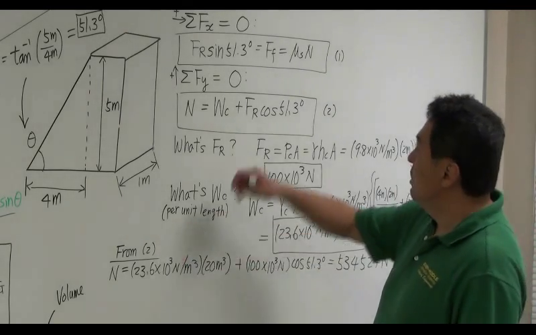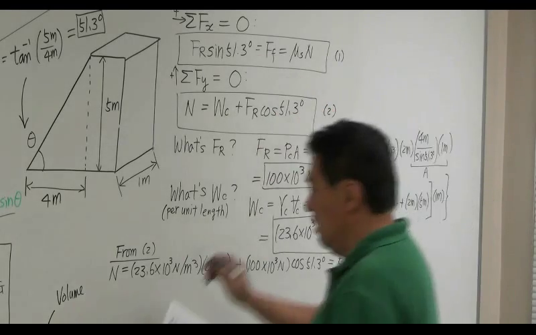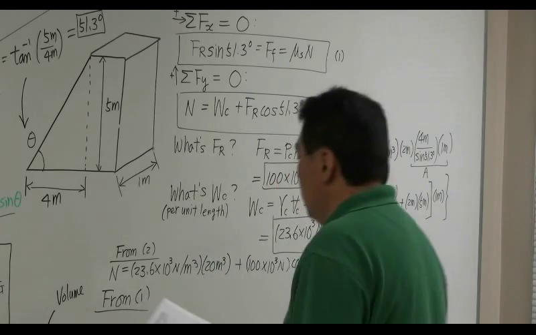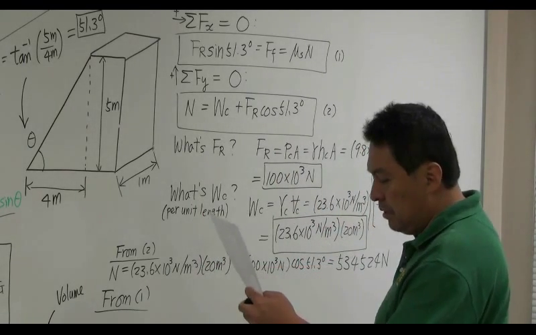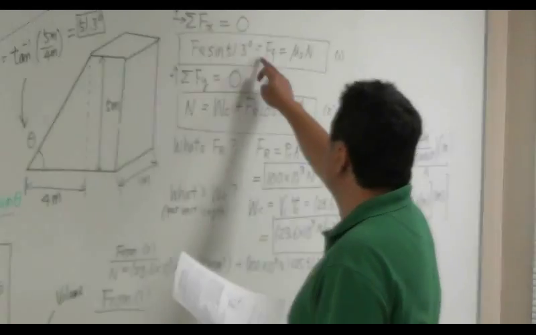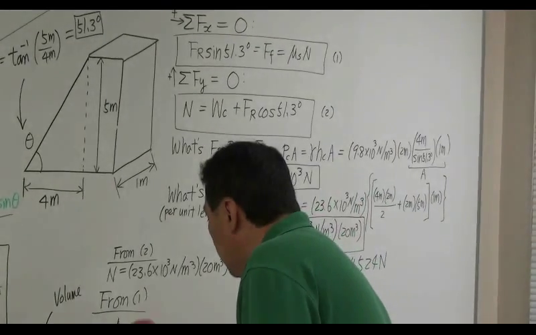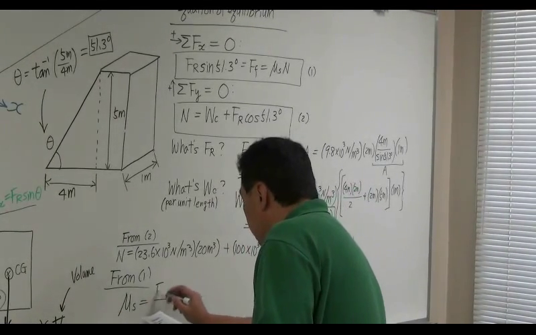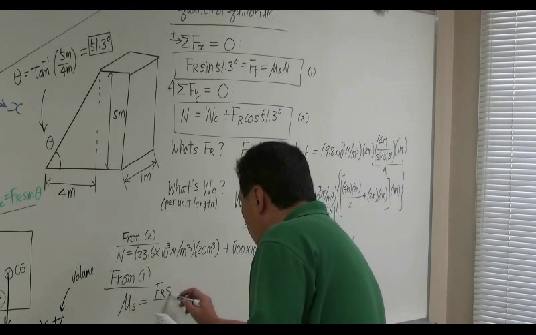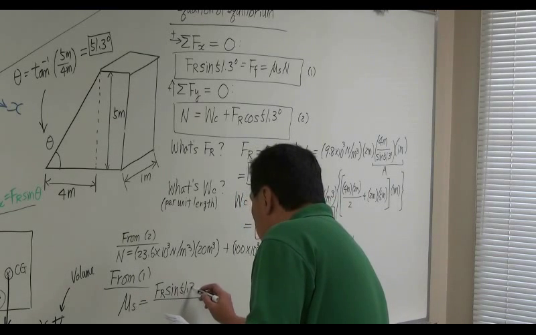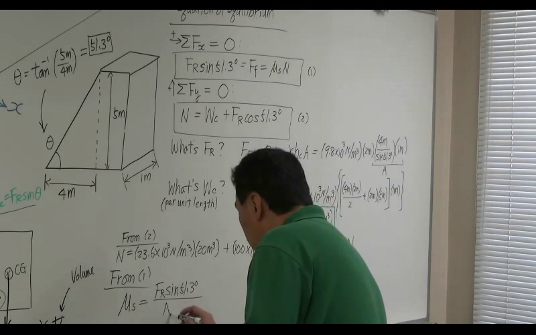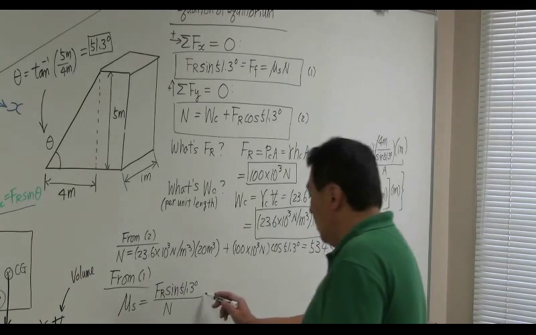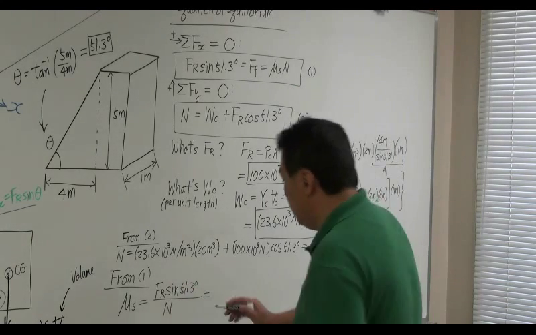Then let's combine this against equation 1. Equation 1, let's solve this for mu s. Mu s is equal to Fr sine 51.3 degrees divided by N. If you solve this equation for mu s, that's what it is. We do know Fr, we do know N. So let's plug in.